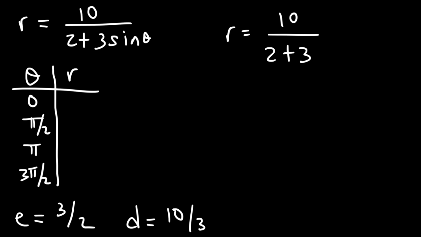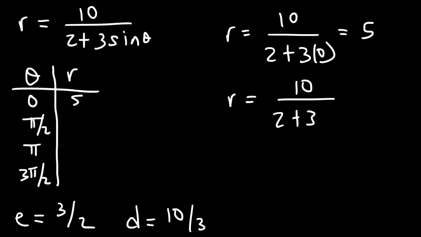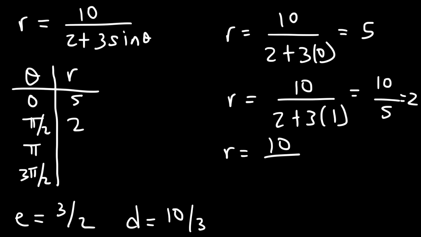Sine of 0 is 0, so it becomes 10 divided by 2, which is 5. Now what is sine pi over 2? Sine pi over 2 is 1, and 2 plus 3 is 5. 10 over 5 is 2. Sine pi is 0, so this is going to be 5 again.